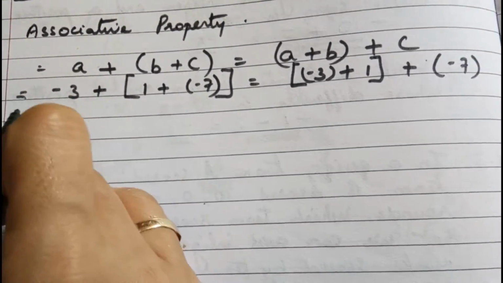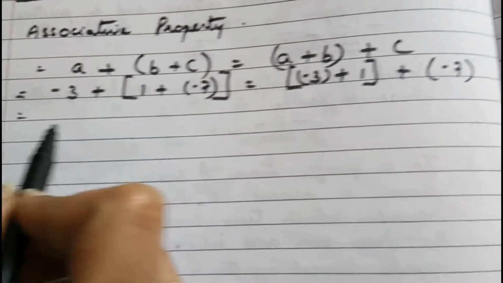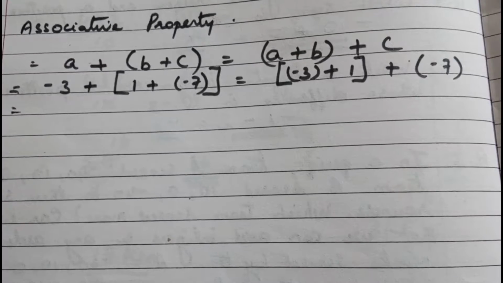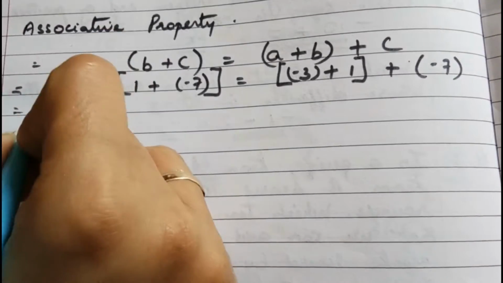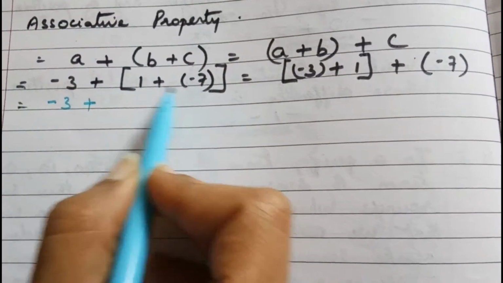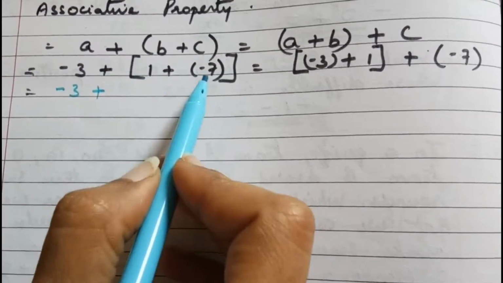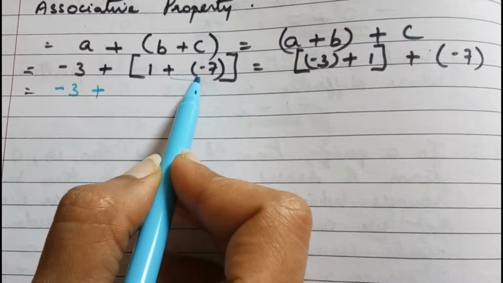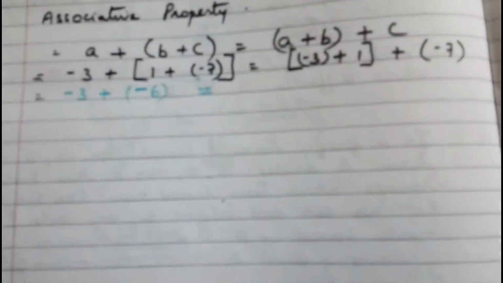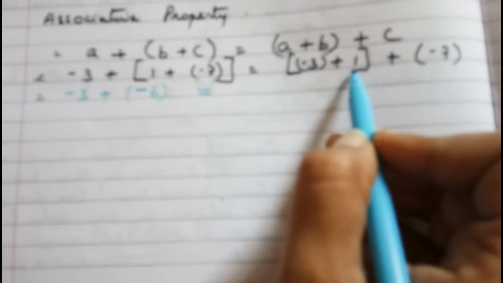So here if we start calculating this, we'll use a different pen. Say minus 3, so this minus 3 will be brought here, plus minus 7 and 1. Now this negative and positive becomes negative, so 7 minus 1 is minus 6, should be equal to minus 3 and plus 1.